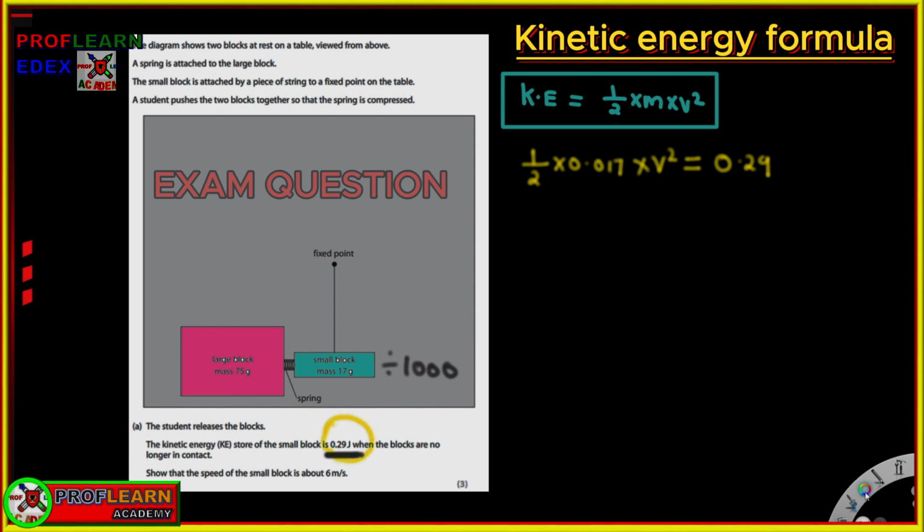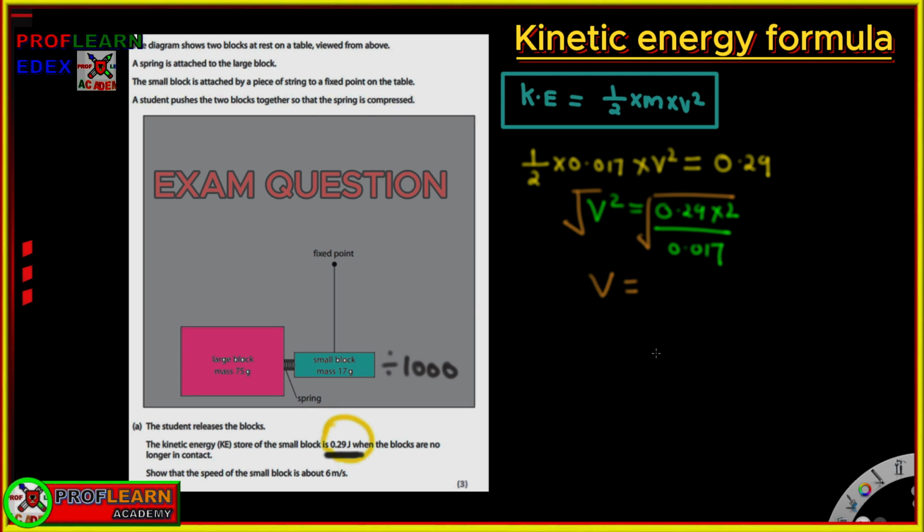So we are going to make v the subject, and making v the subject, it will be 0.29 times 2 divided by 0.017. Then if we put this into the calculator and find the square root of both sides, we are going to get our v, which is going to be equivalent to what? Let's put it in the calculator together.